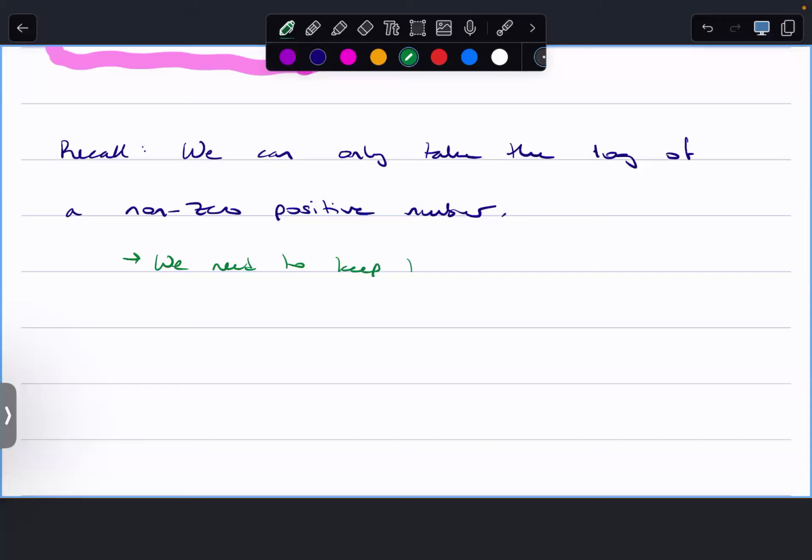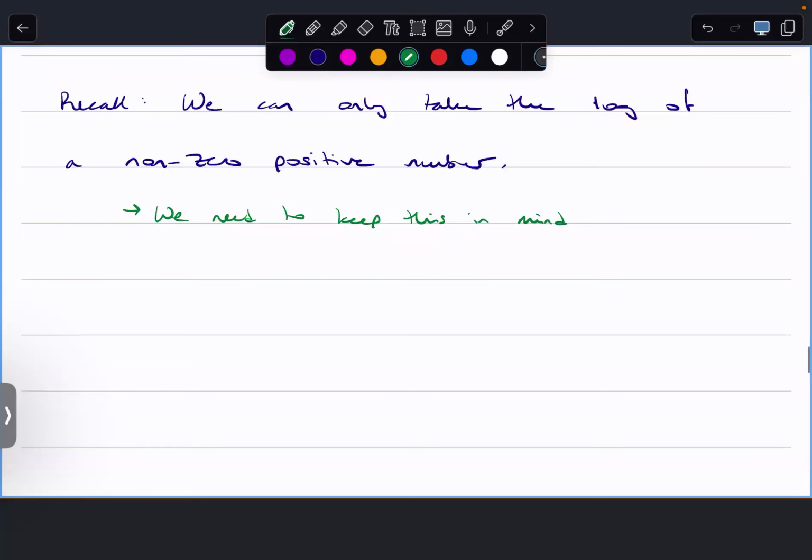We need to keep this in mind when solving logarithmic equations.